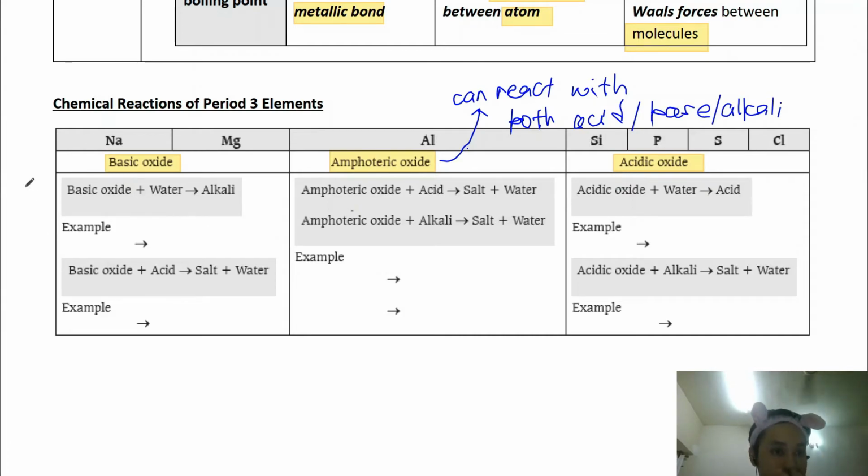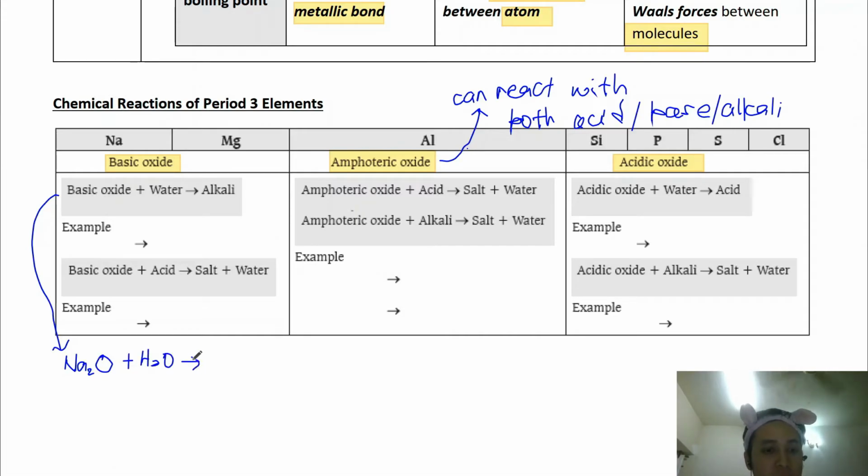So let's look at an example of the reaction here. If I take sodium oxide and magnesium oxide and react with water, I'm going to form alkali. So let's say I'm taking sodium oxide, Na2O, plus water.